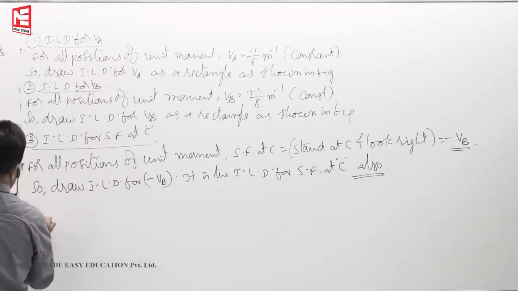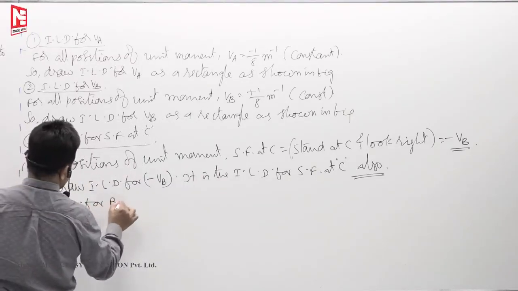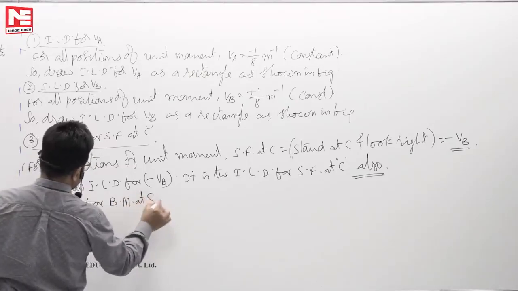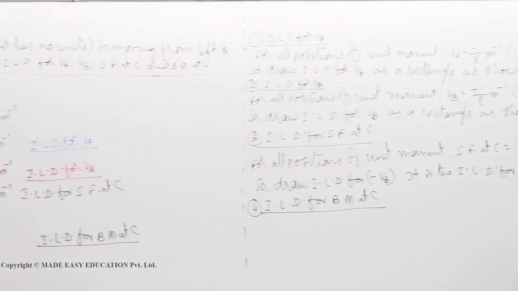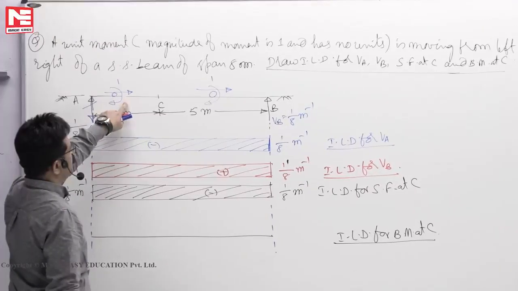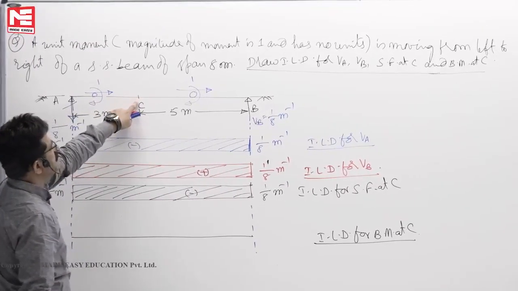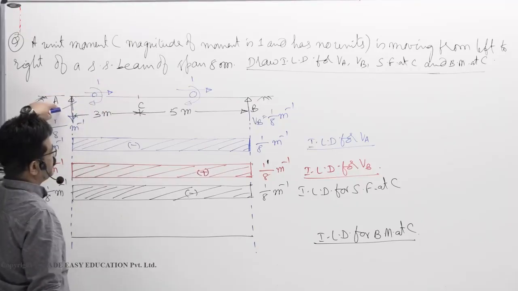Next, ILD for bending moment at C. Now come to this one, ILD for bending moment at C. When the moment is here, if you want to find the bending moment at C, if I see the left side, I have to deal with the 1 and 1 by 8.